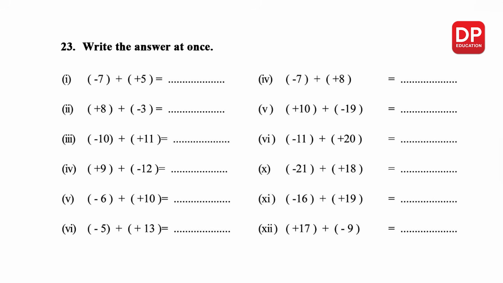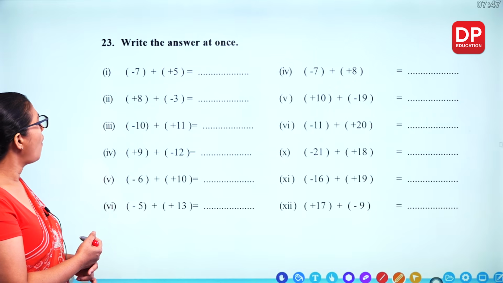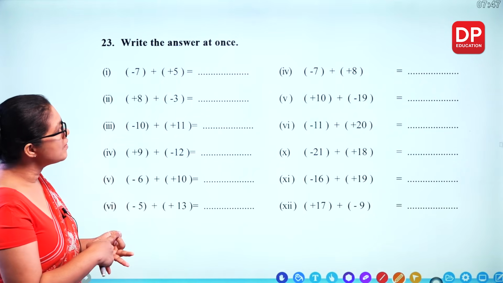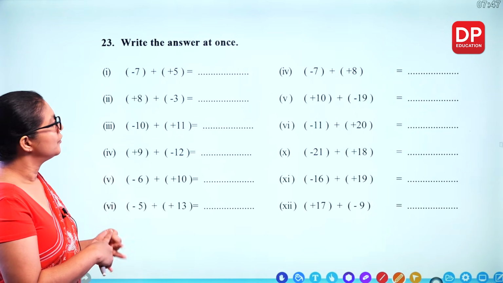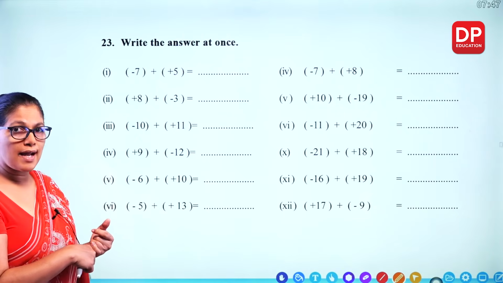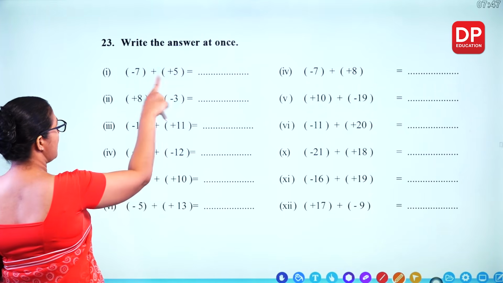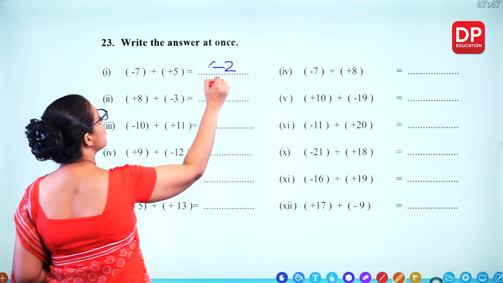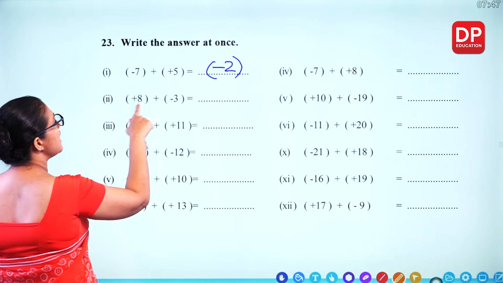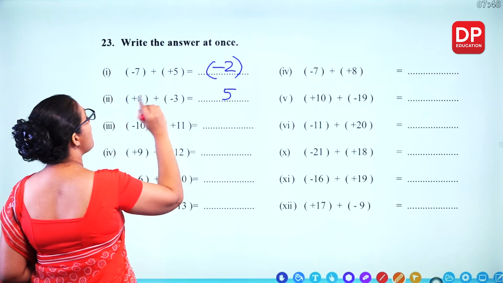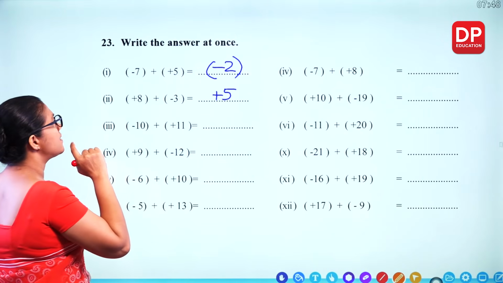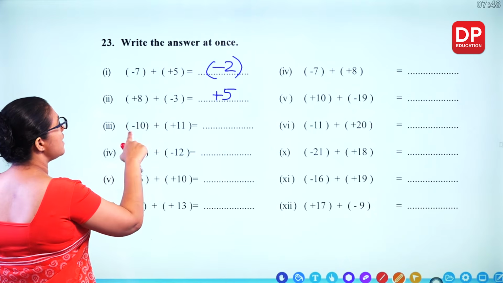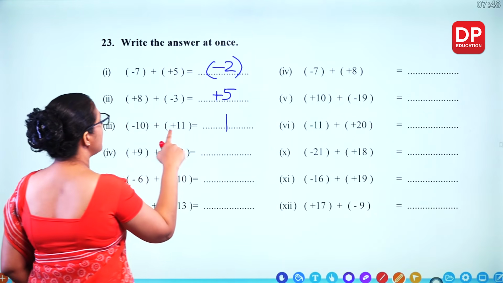Write the answer at once. Now all these expressions, one is negative, one is positive. So take the difference and put the sign of the bigger number. 7, 5, that's 2. Negative is the sign because 7 is bigger. 8 and 3, difference is 5. Plus 5 is there because 8 is bigger. 10 and 11, difference is 1.